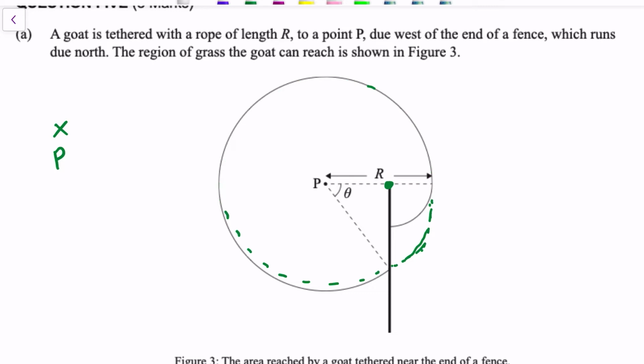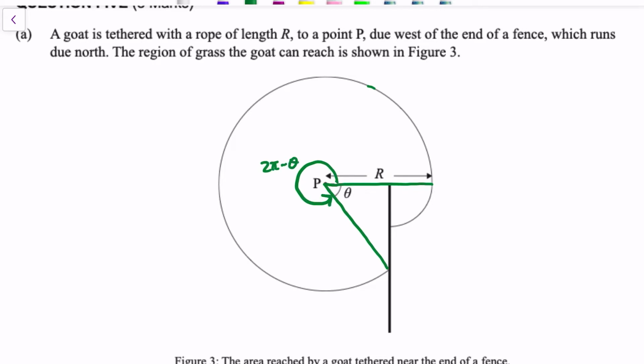We've got a region that the goat can graze in made up of a fraction of a circle. Okay, if you just look at the Pac-Man kind of thing, it's a total angle of 2 pi minus theta. That fraction of the circle the goat is able to access no problems, and the circle has a radius of r.